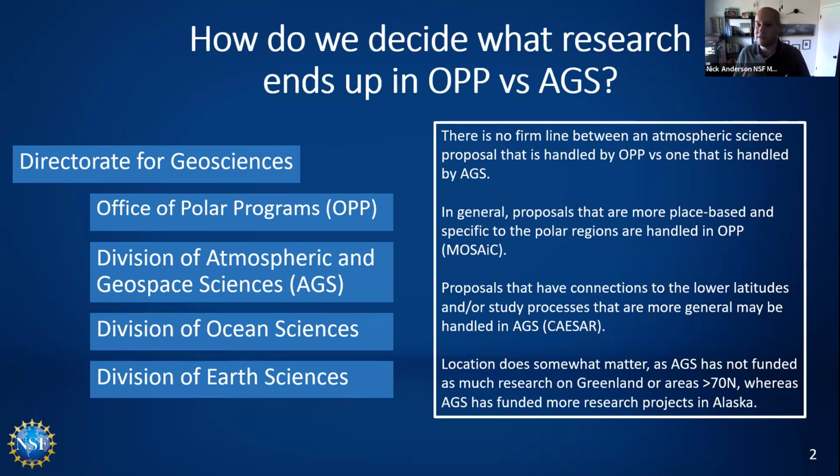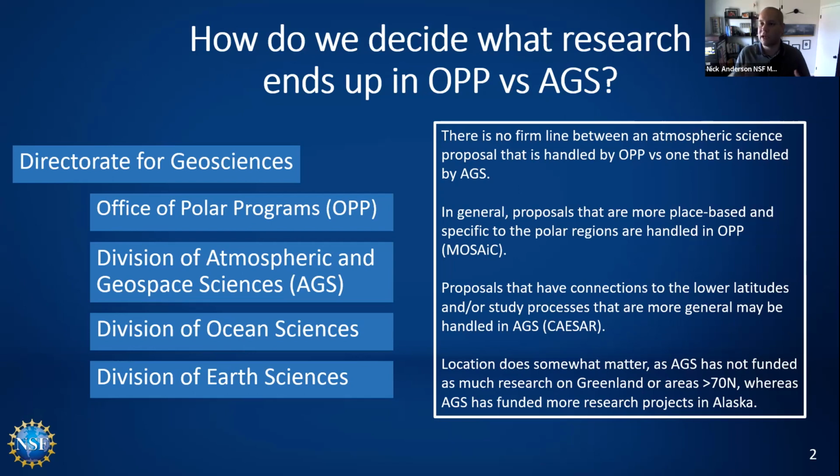So I'm in the Division of Atmospheric Science. You can see on the left at NSF, we're structured such that there's a director for geosciences, and then the Office of Polar Programs, Atmospheric, Ocean, Earth are the divisions under geosciences. So for most Arctic research, clearly you're going to the Office of Polar Programs. However, there are cases where it might be a better fit in our division in AGS, and that can be any number of different programs.